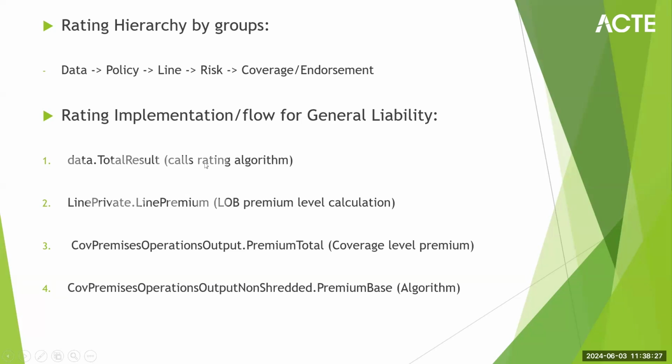Data dot total result calls the rating algorithm for the calculation of the premium. Line private dot line premium is the LOB premium level calculation, nothing but calculating the premium based on the LOBs. Coverage premises operation output dot premium total is the coverage level premium.